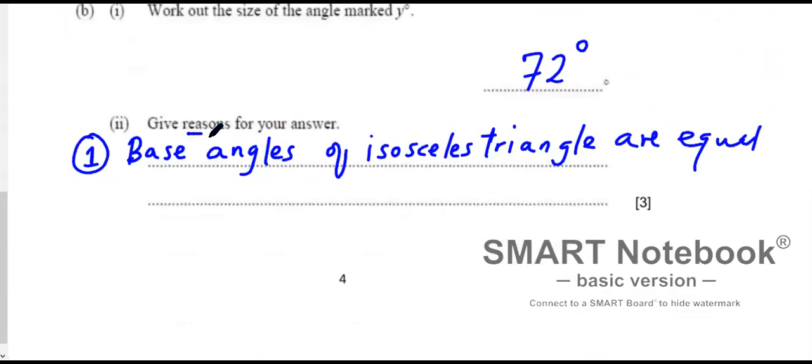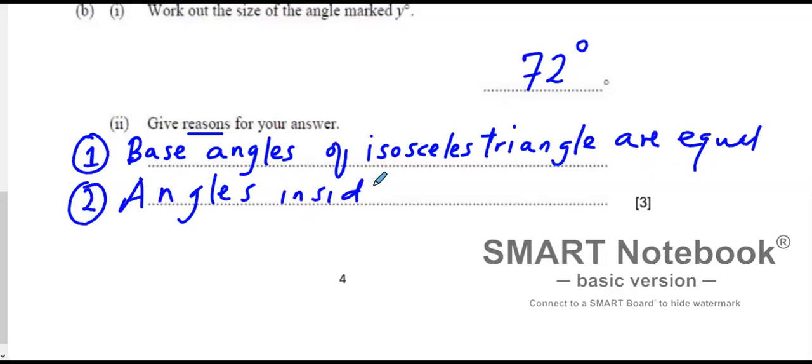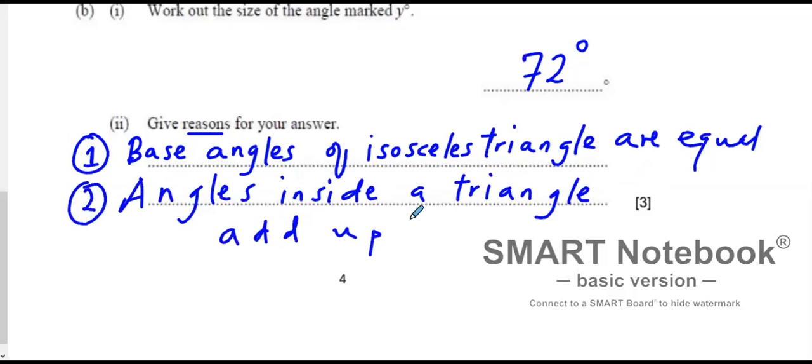Now give reasons, we can give two of them. Base angles of isosceles triangle are equal. Second reason is that angles inside a triangle add up to 180 degrees.